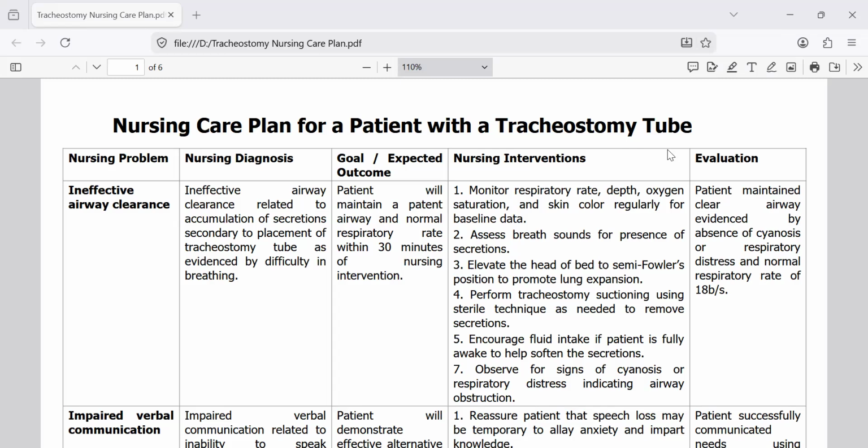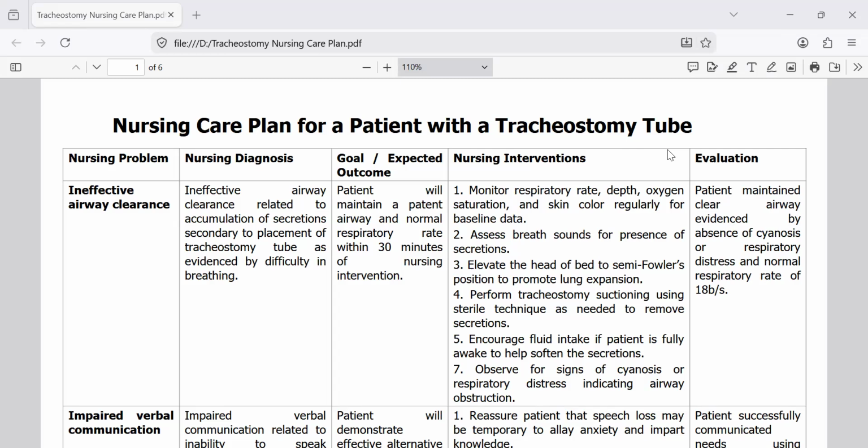So as you can see, in a patient who has a tracheostomy tube inserted through their throat, it will be very difficult for them to remove those secretions in the airway, because as the secretions are accumulating, they will not be forcibly or willingly removed through the tube by the patient. They would need external help. Therefore, the secretions will accumulate in the throat.